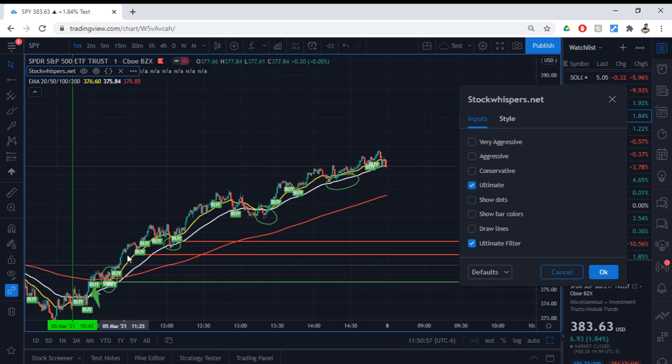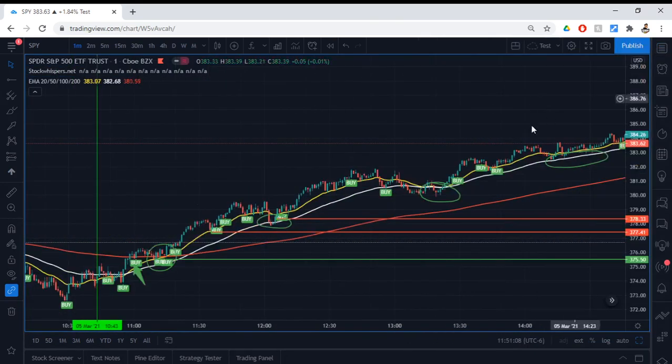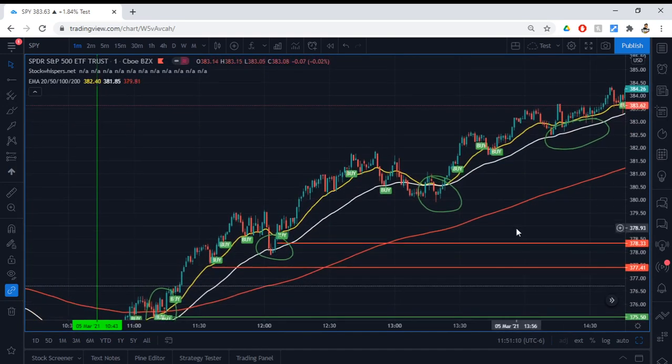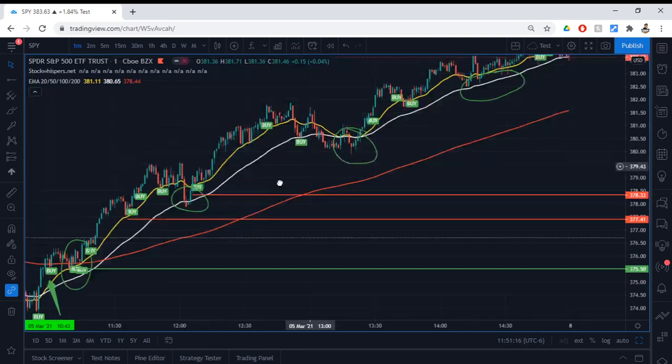Ultimate gives you more entries as well. But you also have to take into consideration what kind of trader you are and where the signals are showing up in regards to the moving averages.